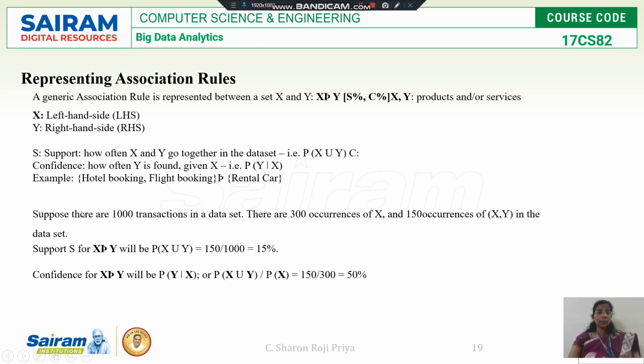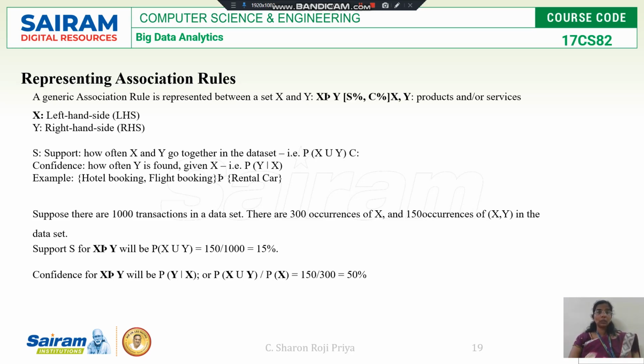See this example. Suppose there are 1000 transactions in a data set. There are 300 occurrences of X and 150 occurrences of X and Y together in the data set. What is the value of support and confidence? What is my association rule? First, X tends to Y. So, what is support?